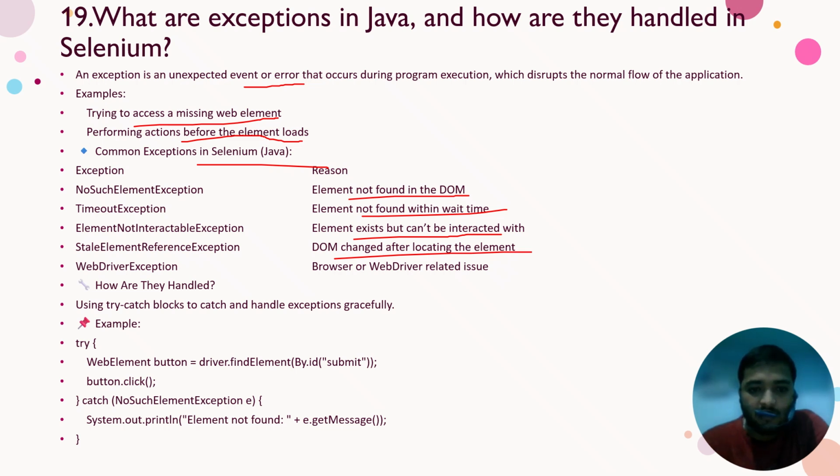WebDriverException: browser and WebDriver issues. How to handle with try-catch: we catch and handle the exception gracefully. We use catch for multiple exceptions, and we select the web element button equal to driver.find_element by ID, then submit, and after the catch we execute and print the message.